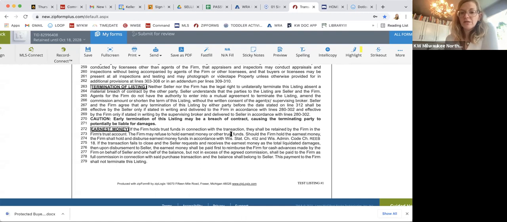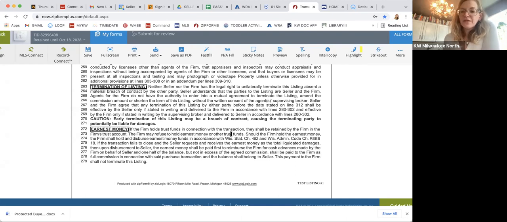for damages. So it is confusing because it states that neither the seller nor the firm has the legal right to unilaterally terminate a listing. But then it goes on to give directions on how to terminate a listing earlier. So I just had to go through this with our attorney.